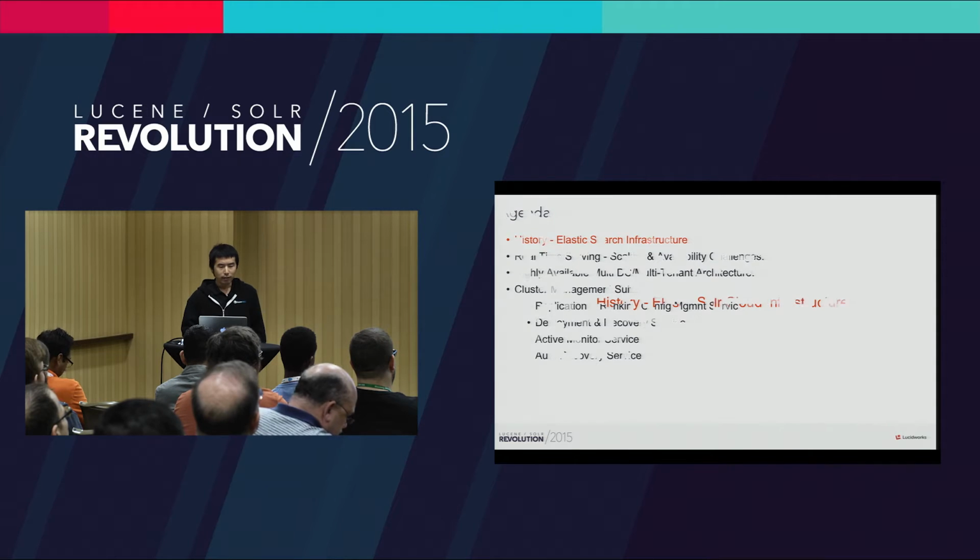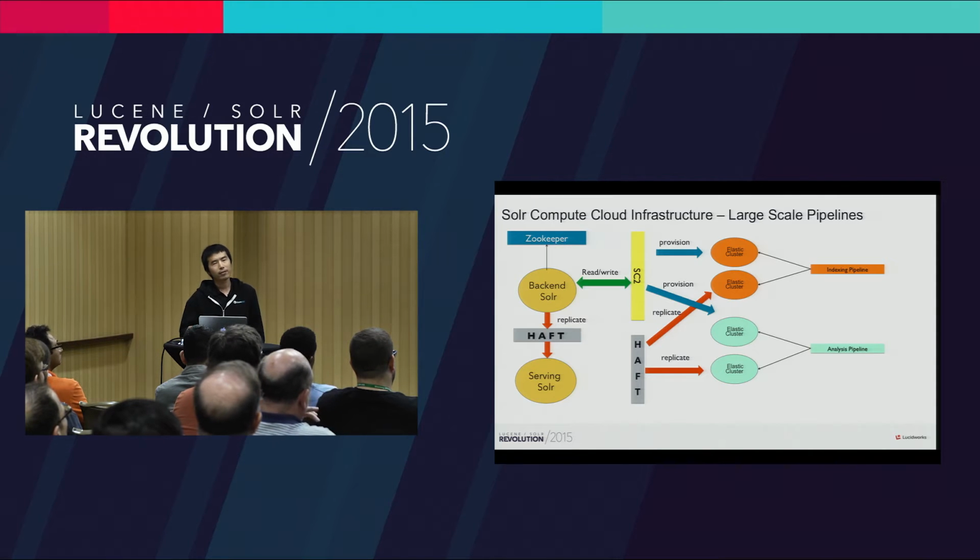Last year, we mainly presented the Solr cloud compute cloud infrastructure, basically for the organic search product. The idea is that we want to isolate the writes, the indexing, from the serving Solr cloud. So we use a so-called SC2 service.